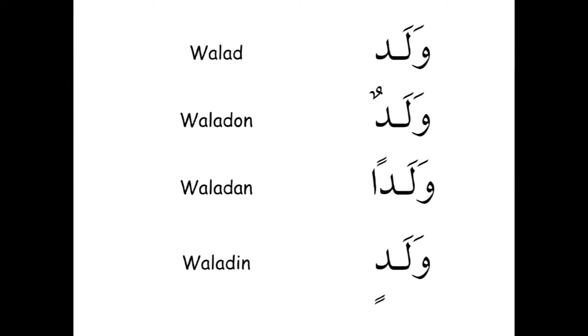The tanween will become silent and the alif would become active, and we would say walada. Waladi would become walad, and waladin would become walad also. So everything goes back to walad whenever you stop at it, except waladan, it would become walada, and alif becomes a long vowel, walada.